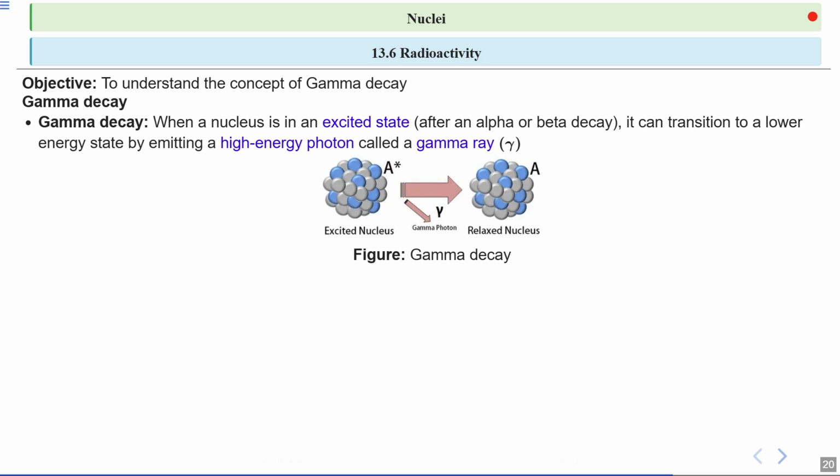The nucleus gets rid of this extra energy by emitting a high energy photon, which we call a gamma ray. Gamma rays are a form of electromagnetic radiation, just like X-rays, but with even higher energy. Notice the diagram here, which shows the nucleus emitting a gamma ray as it moves to a lower energy state.